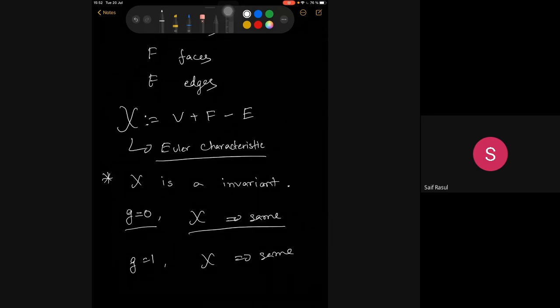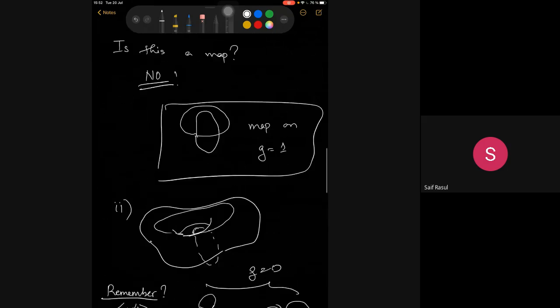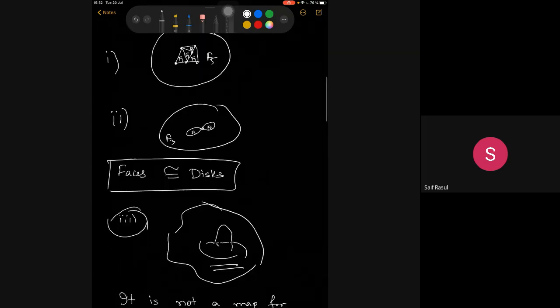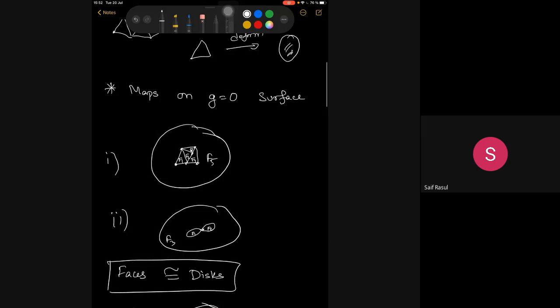One way to check is, for example, let's have a look at here. So how many vertices do we have? 1, 2, 3, 4, 5, 6. So we have 6 vertices.